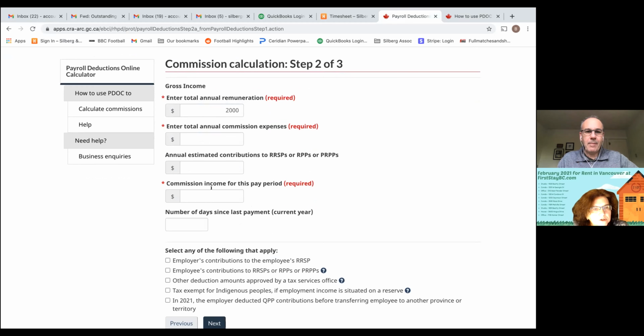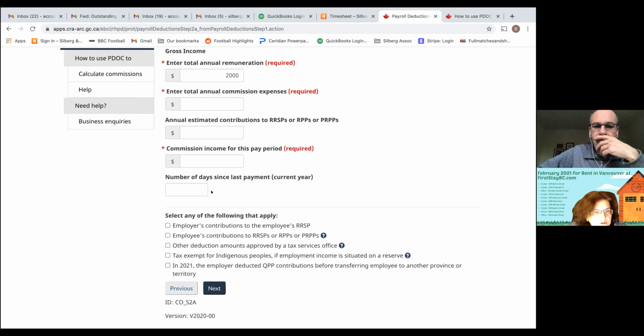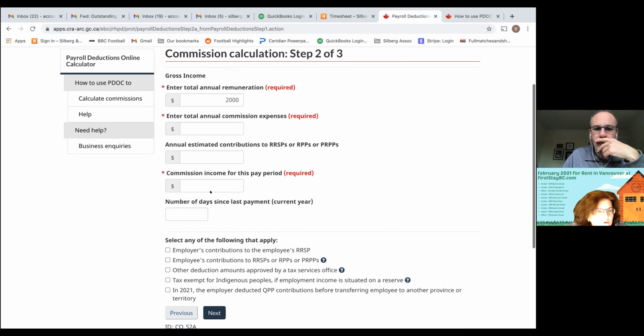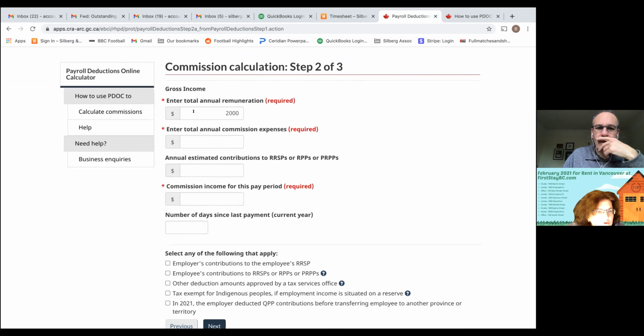It doesn't have to be a receipt. If sometimes the employee contributes to a receipt. Okay, so we just put 2000, 2000. Second one, same maybe. I don't understand what the difference is. Commission income for this period, and for this period we put 250.